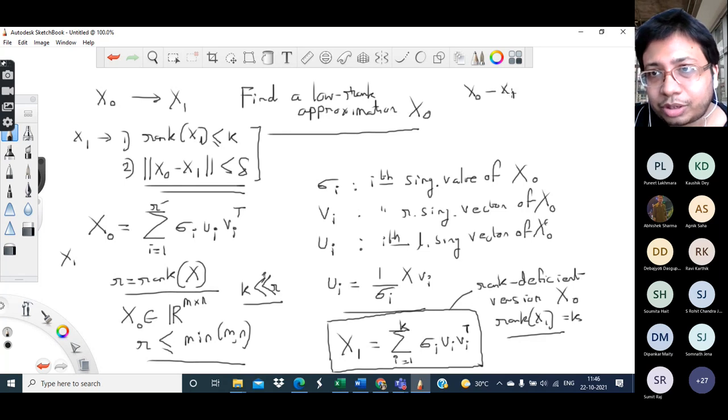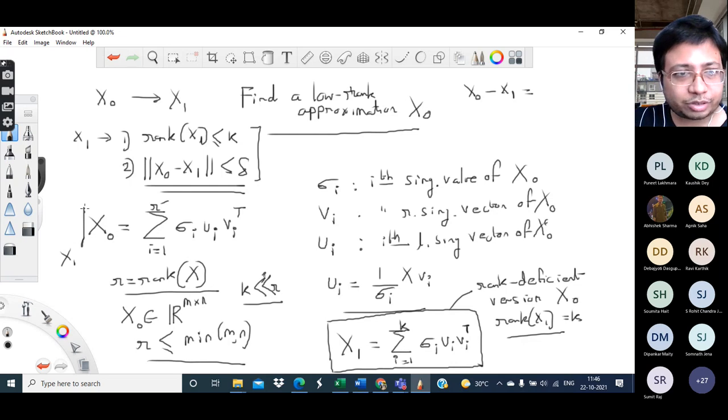Now, what is x naught minus x1? From these definitions, how can I write x naught minus x1? The definitions are right in front of you.